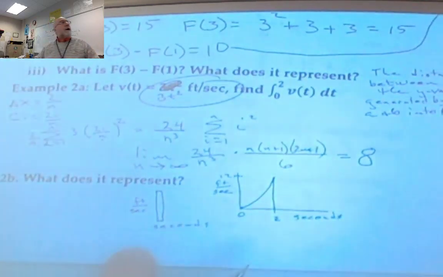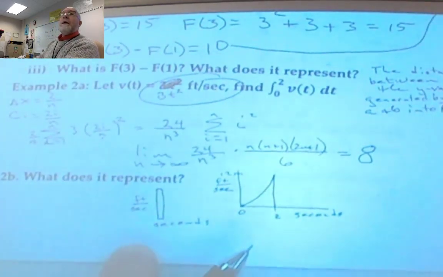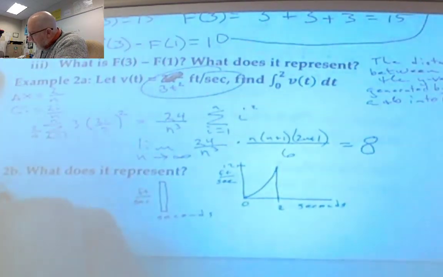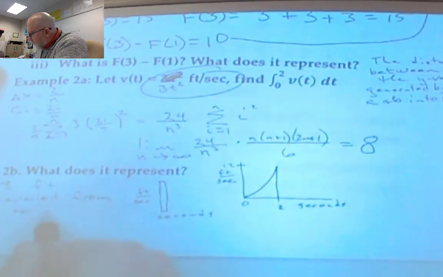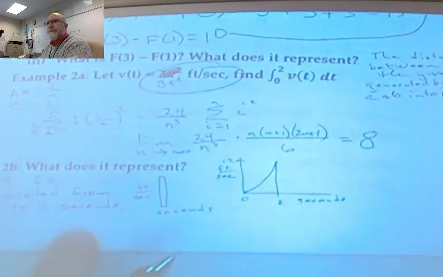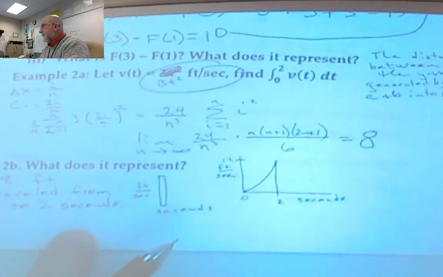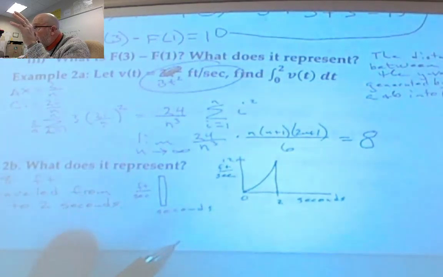So this is 8 what? 8 feet traveled from 0 to 2 seconds. So in this case, the area underneath that curve is a distance traveled in that interval. Does that make sense? Are we okay with that?